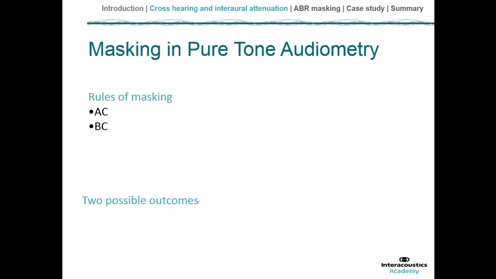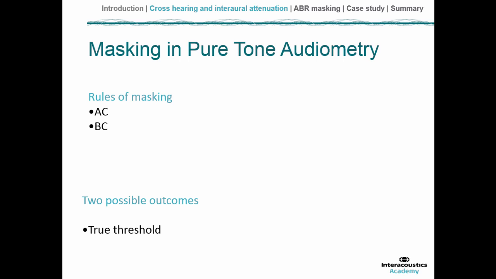But irrespective of those details, when you decide to invoke masking, if there's a risk of cross-hearing occurring because the sounds exceeded the interaural attenuation, then there are really two possible outcomes.